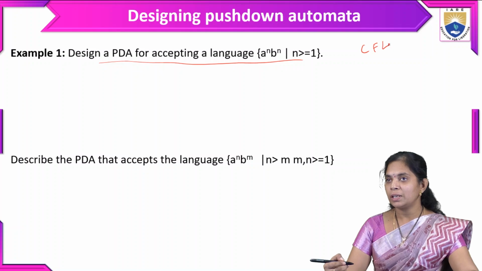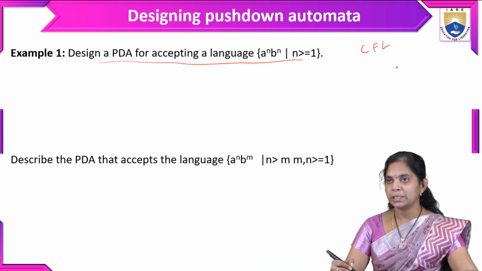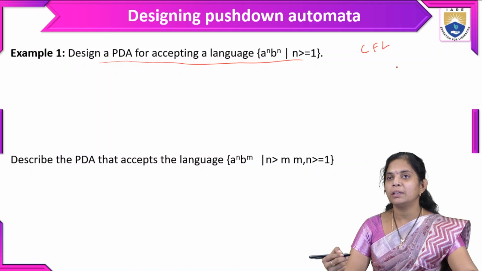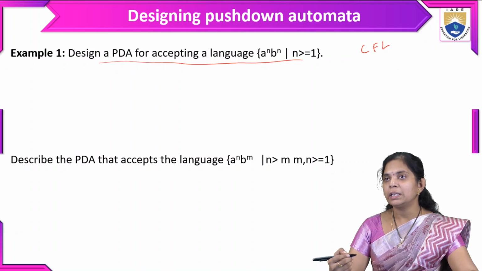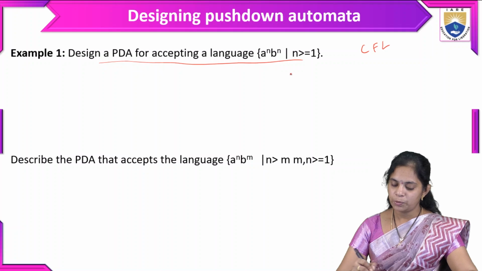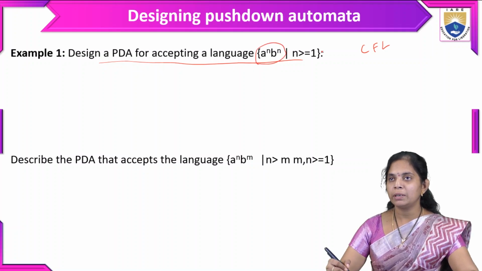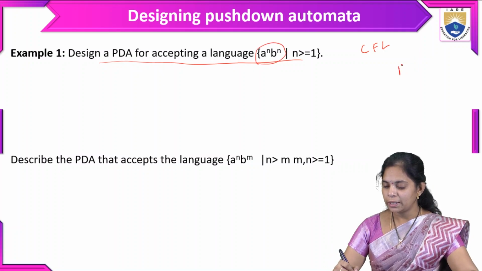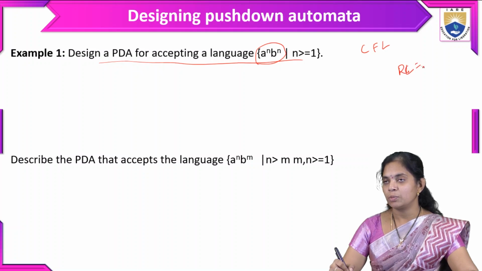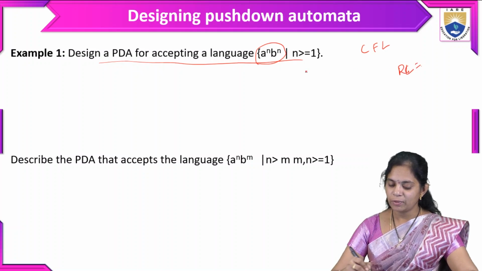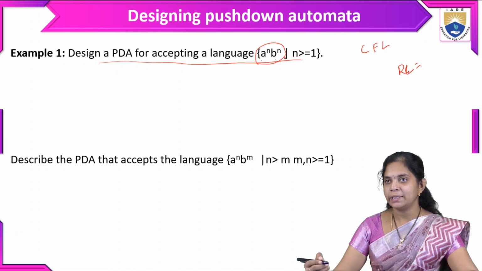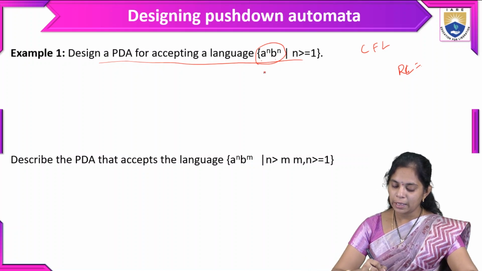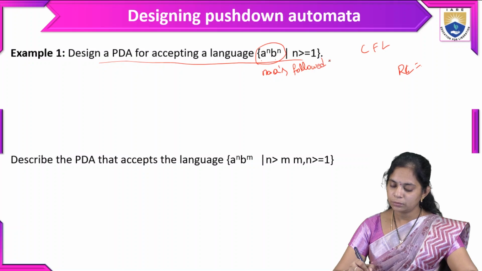Why do we go for context-free languages instead of regular grammars? Suppose this is the example a power n b power n. Why can't we write it in regular languages? Here it is n number of a's followed by n number of b's.